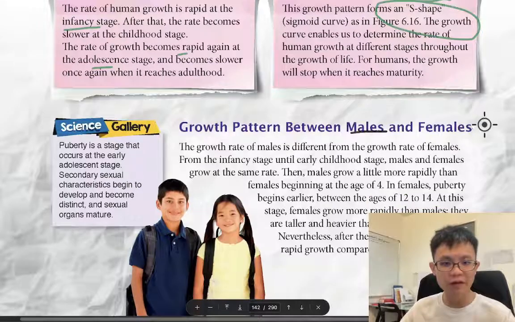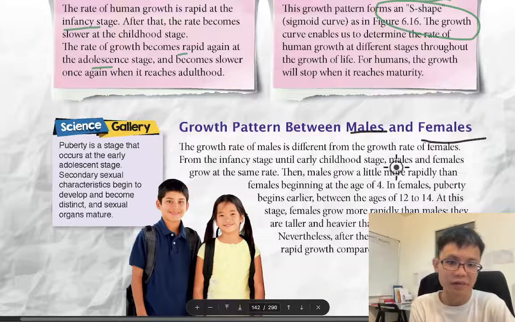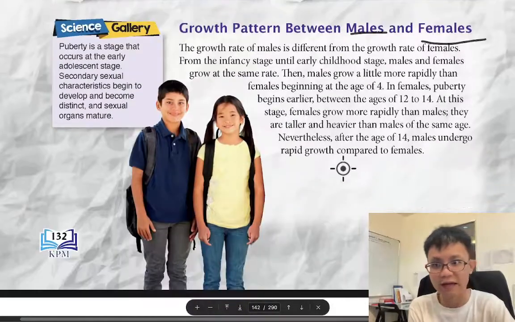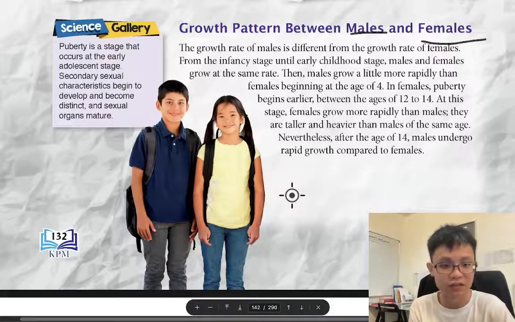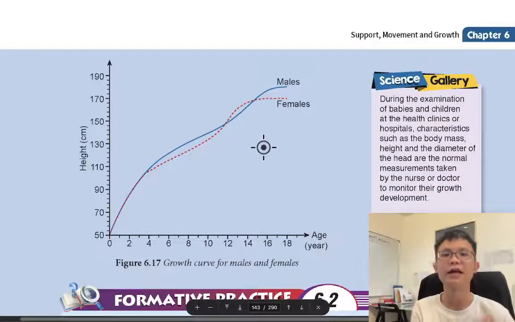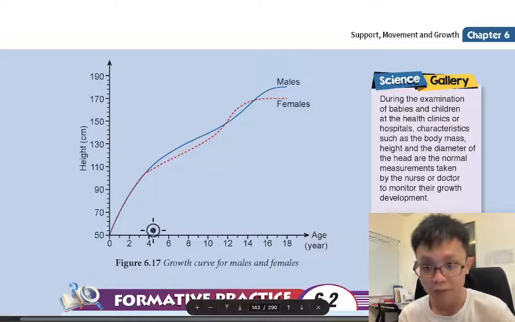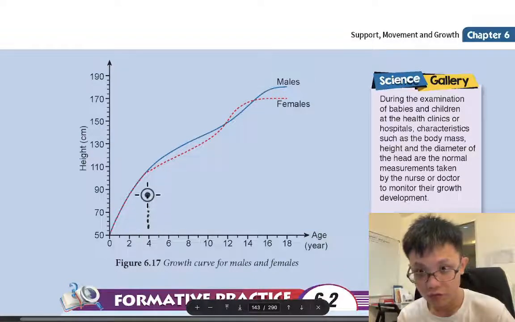Growth pattern between male and female depends on your age. The best graph that we can look at is this graph. Okay, at this graph we can see that from this one I come down. I cannot draw the ruler.